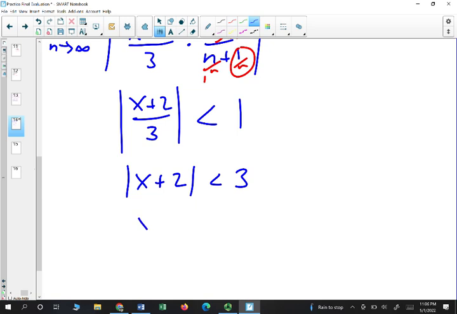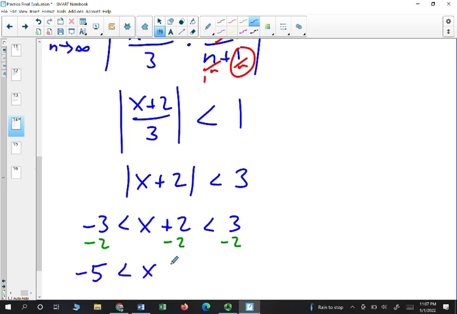Set it up as a compound inequality: x plus 2 is less than 3 and greater than negative 3. And now we can subtract 2 from all 3 sides. Negative 3 minus 2 is negative 5, less than x, less than 1. Okay, so those are our endpoints.